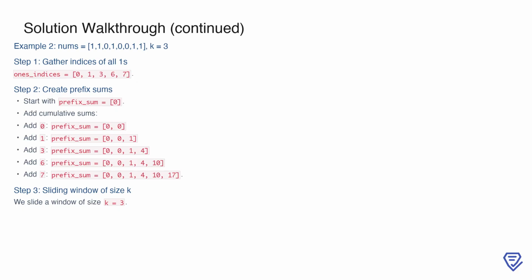Adding 0 results in 0, 0; adding 1 gives 0, 0, 1; adding 3 produces 0, 0, 1, 4; adding 6 gives 0, 0, 1, 4, 10; and finally, adding 7 results in 0, 0, 1, 4, 10, 17. With the prefix sum array ready, we proceed to slide a window of size k equals 3 over the ones_indices array to compute the minimum swaps.